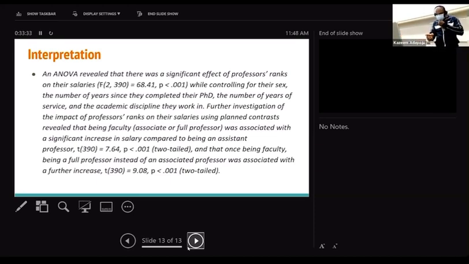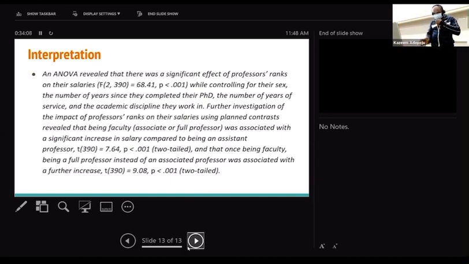That was why I said further investigation of the impact of professors' rank on their salaries using planned contrast reveals that being faculty, which is associate or full professor, was associated with a significant increase in salary compared to being an assistant professor. And that is the reason why every assistant professor will be dreaming to attain that cadre.